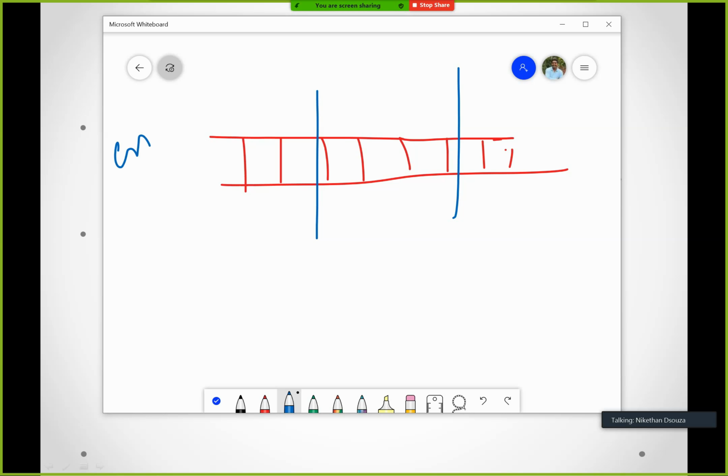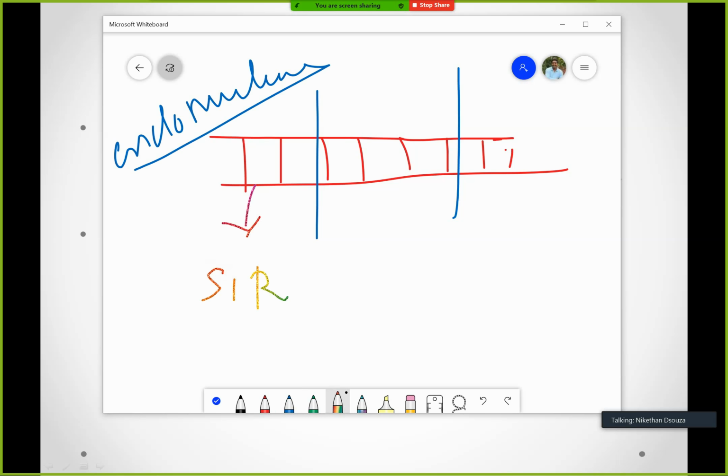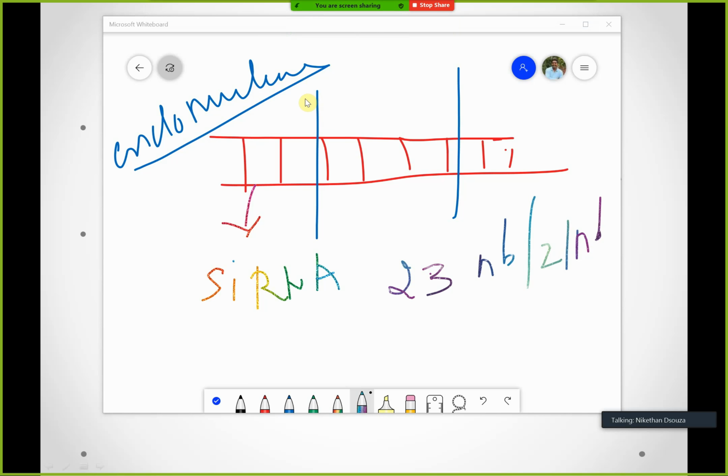These short fragments are called siRNAs, the small interference RNAs, which are 21 to 23 nucleobases long.